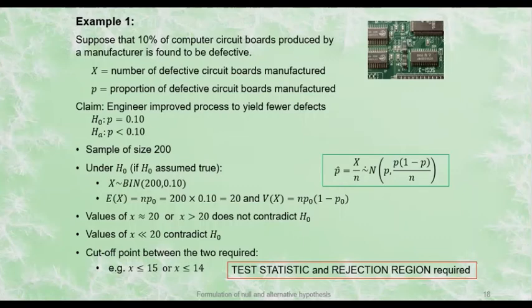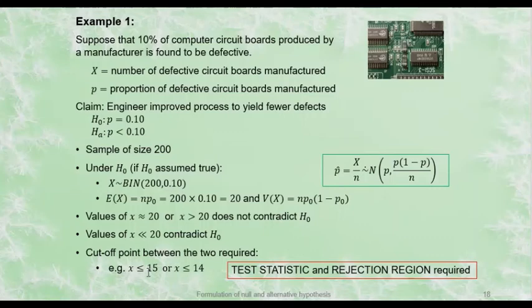It means if H0 is true, we expect roughly 20 defective boards, but if H0 is not true, we expect less than 20 defective boards. For example, we can assume about 40 to make our decision rule.